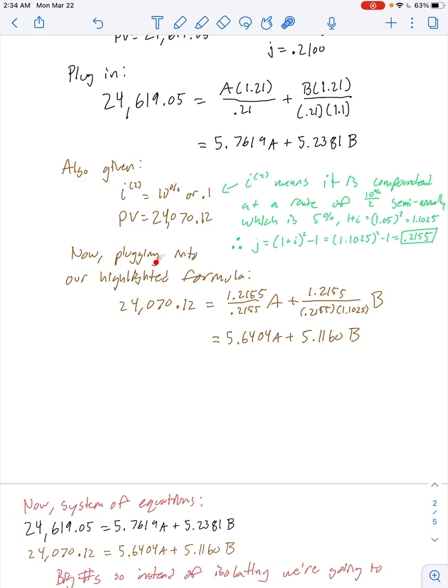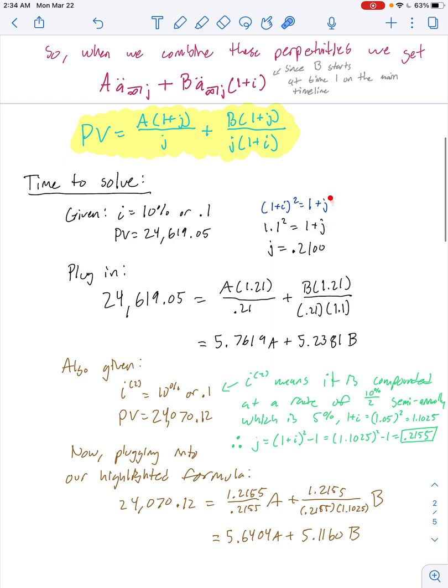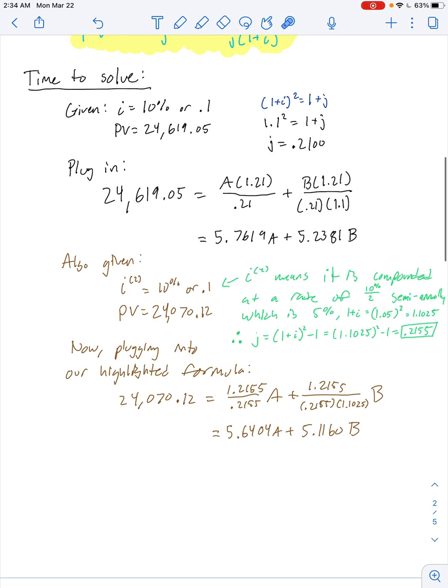So you just plug and chug for that one as well. It's important to note that since I is compounded semi-annually, it's at a rate of 10% over 2, so 5%. So you're going to plug that one into our blue formula here and get your J. That's 0.2155.